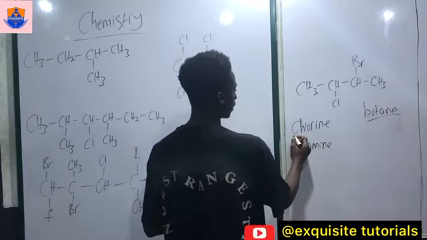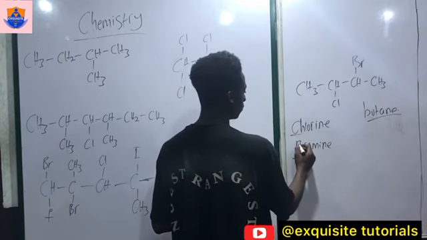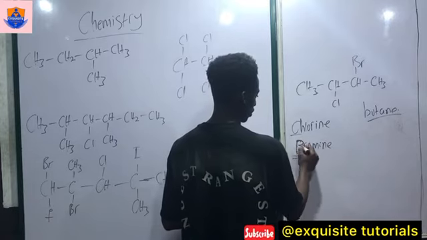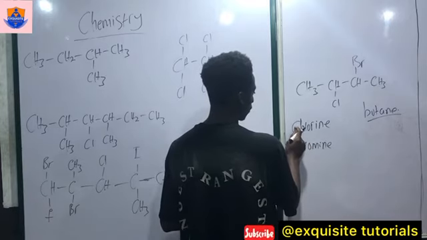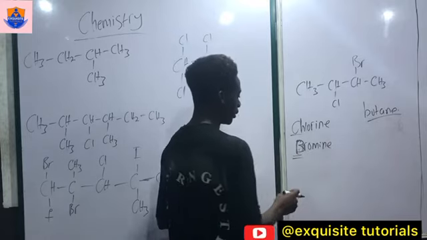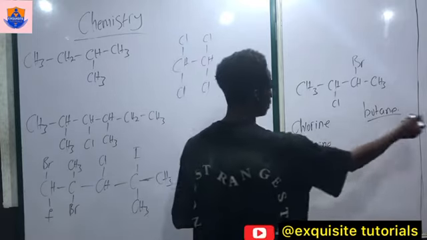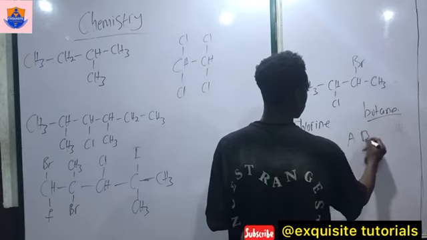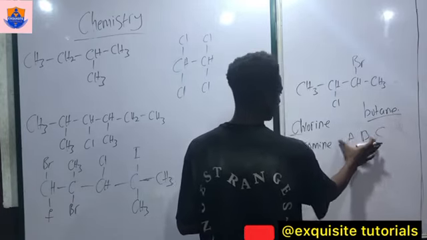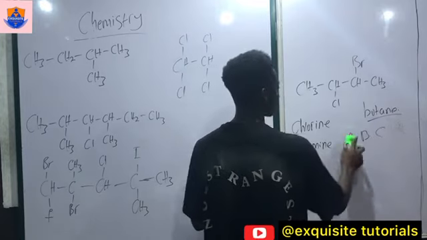Which of these has the least alphabet? Chlorine, bromine. Bromine, which has B, should be the least. Now we have A, B, C. So this is the lowest, so we are taking reference to this.